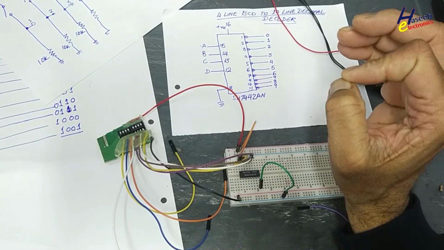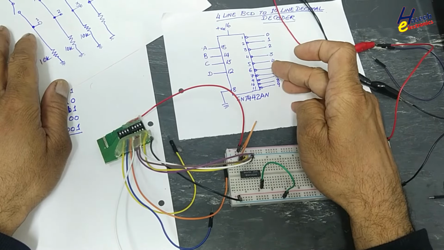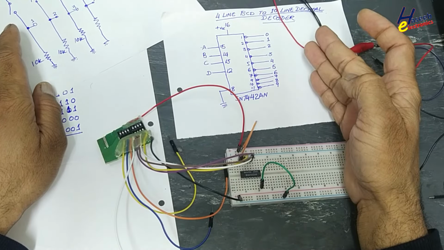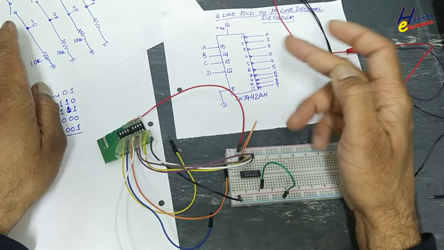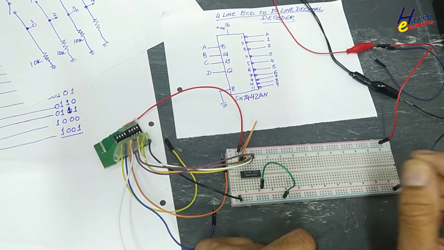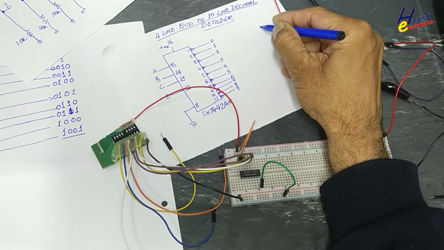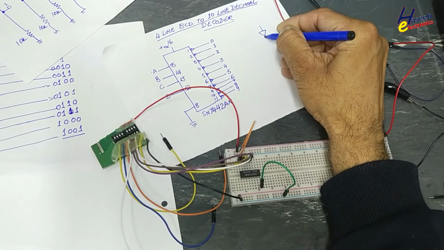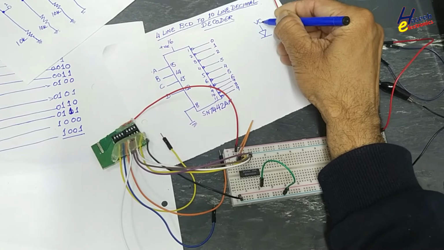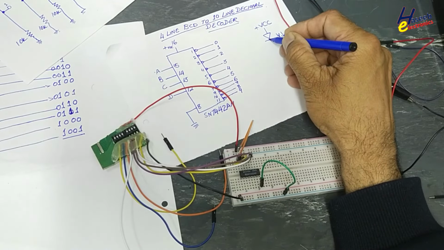Its output is active low, inverted output, because in its output there is an inverter. To see its output visually, we will use LEDs. Because its output is active low, I will use the LED anode to VCC, cathode to a resistor.